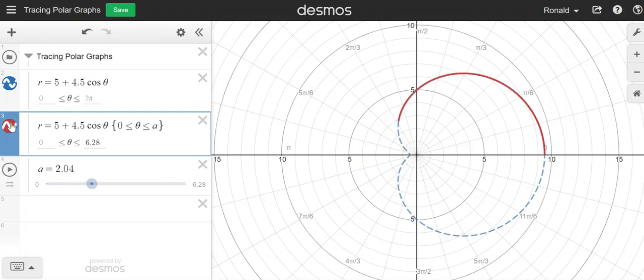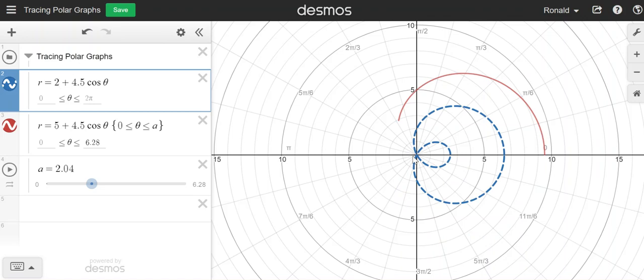And once again, if we take this number that is all by itself, and if it is smaller than the coefficient of the cosine, then it becomes a limacon. The limacon is when you have the inner loop. All right, that is the inner loop. So we have cardioids, we have limacons.